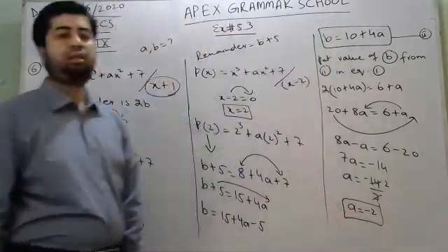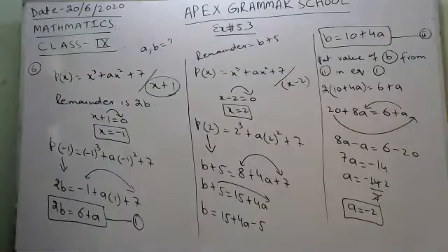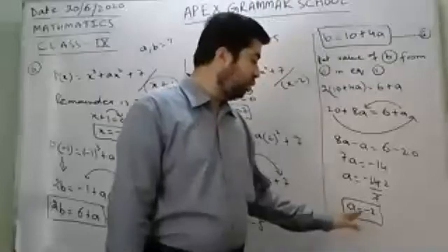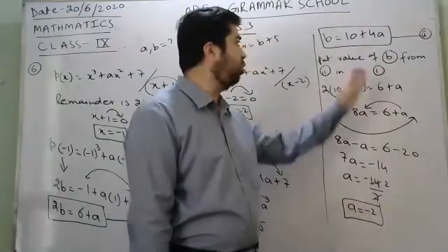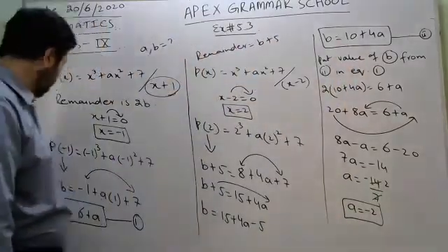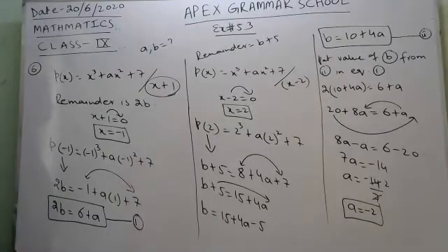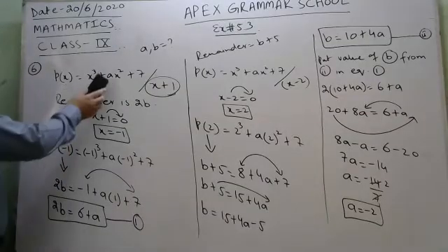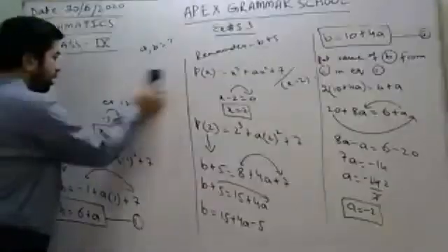We are done with the value of a. Now we have to find the value of b. How can we find the value of b? You can put the value of a either in equation number 2 or in equation number 1, and you can get the value of b easily. I'm going to erase and solve here.